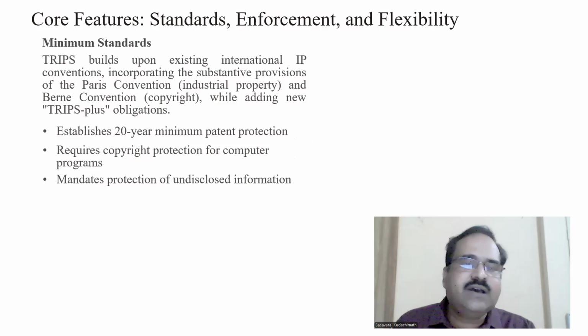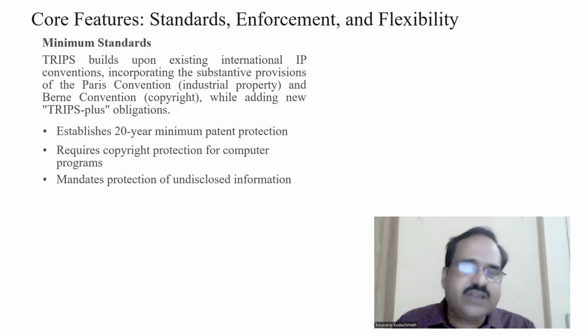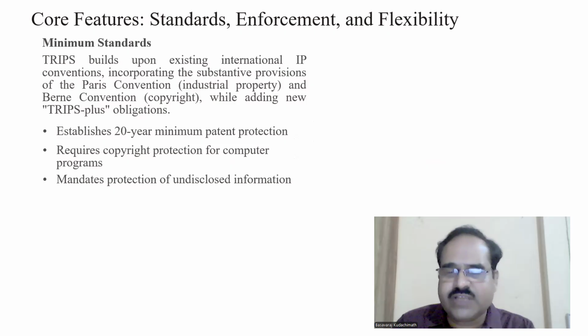Now, when the discussion was made through TRIPS, it took into consideration the Paris Convention and also the Berne Convention, where all the member countries discussed industrial property and copyrights. They were also included in the TRIPS, and minimum standards were established. What are the minimum standards? Every country should follow that 20 years minimum patent protection has to be made in their own countries, and it has to be implemented even at the international level.